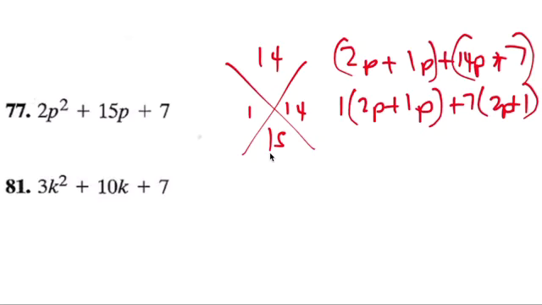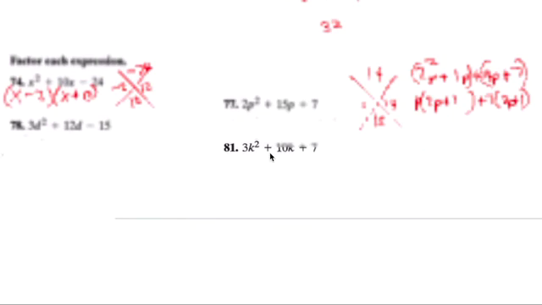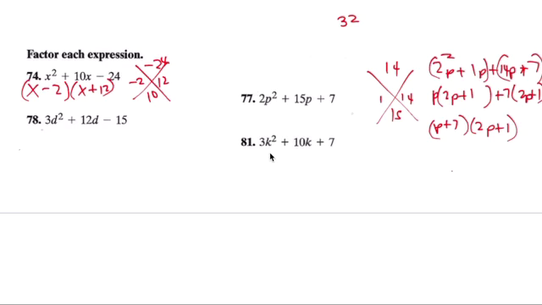Okay, so your answer is... leaves you like that. All right, take out a p. So p plus 7 and 2p plus 1. So make sure you remember how to do these. Factoring by grouping. And that's it.